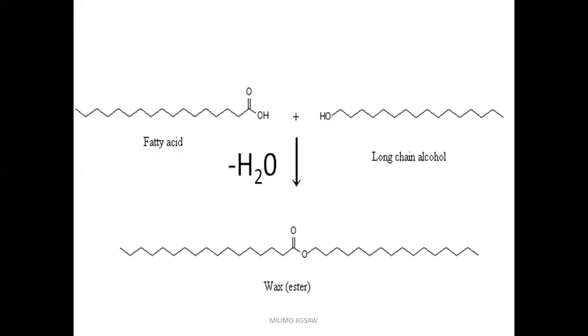Remember, I said that it is an ester of fatty acid and long chain alcohols. Through the process of dehydration, where water is given out, we have this ester, which is a wax, formed from fatty acids and long chain alcohol.